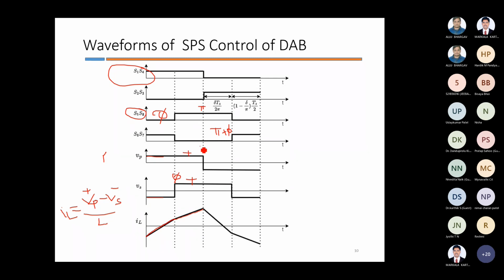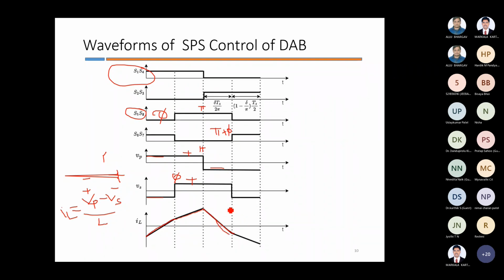And now coming after pi, you can see that VP is negative and Vs is positive. Due to this there will be a negative slope, and the fall of the leakage inductor current will be faster.